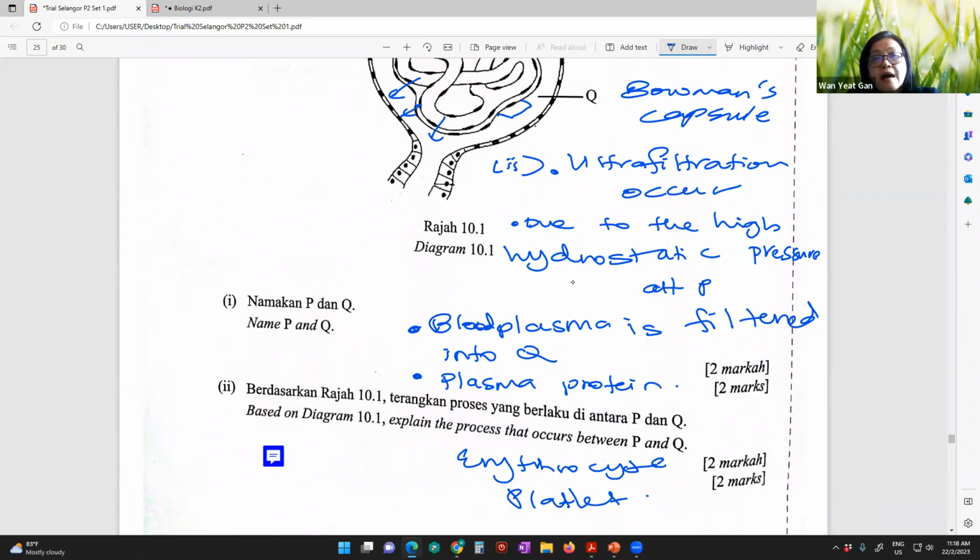Plasma protein, erythrocytes and platelets are too large molecules to go through the filtration membrane, which I mentioned just now, between the Bowman's capsule and the glomerulus. The molecule size is too large.